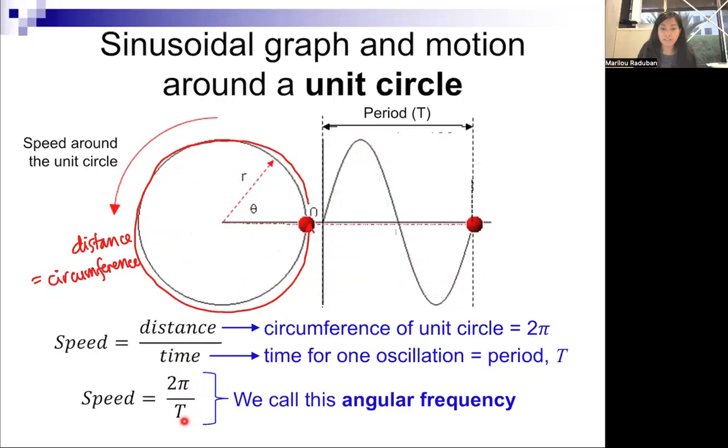So the speed of oscillation of the object will be equal to 2 pi divided by the period. And this speed has a special name. It's called the angular frequency. Angular frequency is essentially just the speed for which the object goes around the circle, and it's equal to 2 pi divided by the period.